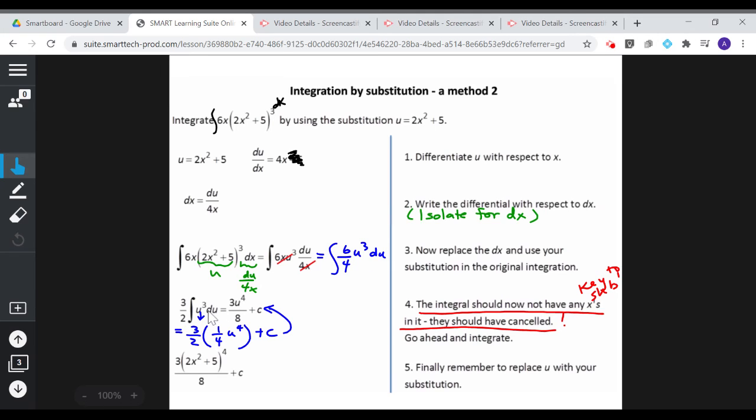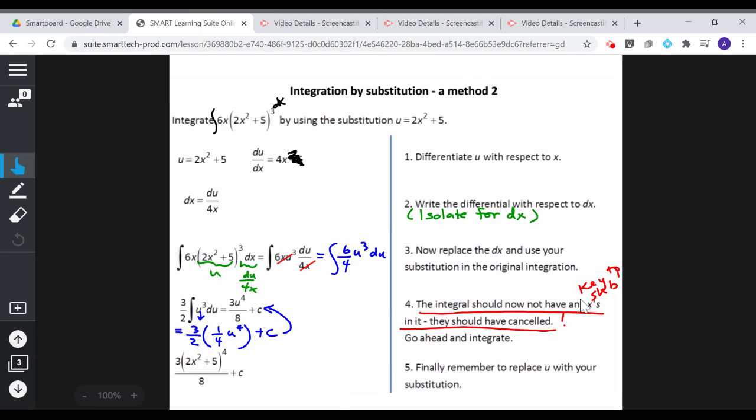I can take the integral of u cubed du, which is 1/4 u to the 4, multiply it by 3/2, and I get 3u to the 4 over 8 plus c. When I replace that u with the expression in terms of x, now I have my integral.